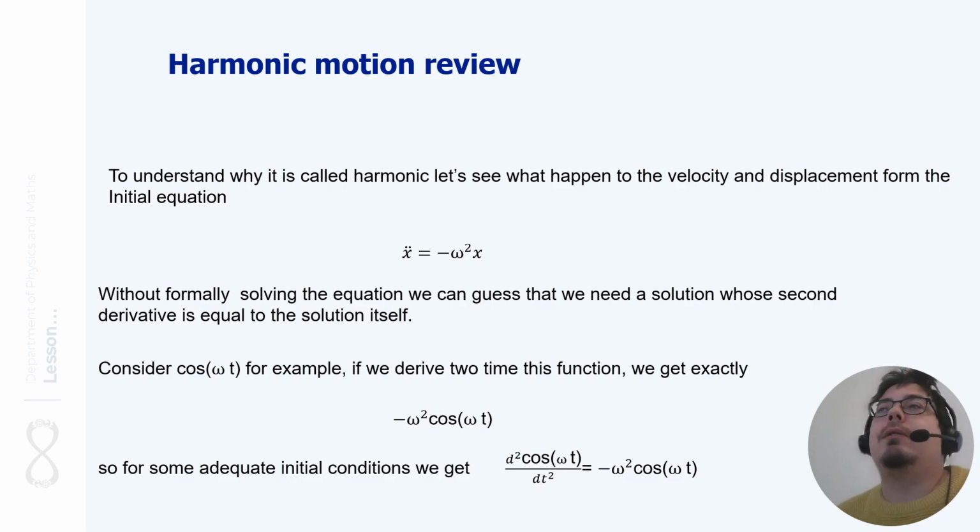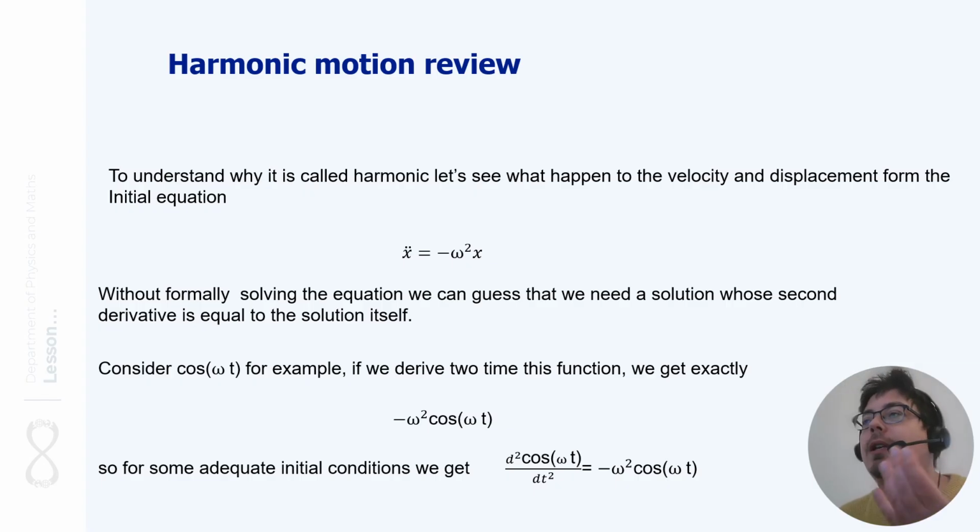This is a differential equation, so we should be using all the mathematical machinery that we know about differential equations, but I don't want to do all the derivation with all the details.